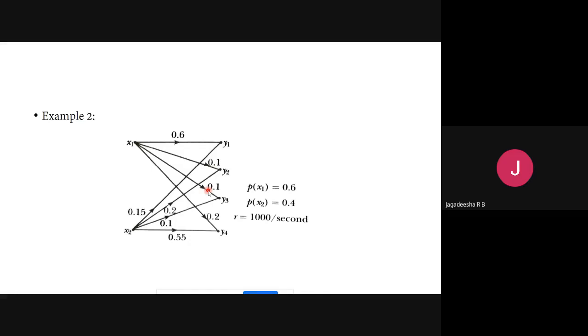Is Austin there? Is Aishwarya there? Yes, sir. Do you know what the value is? 0.6, first row. 0.1, 0.1, 0.2. In the second row, 0.2, 0.2, 0.1, 0.55. Okay. Thank you very much.